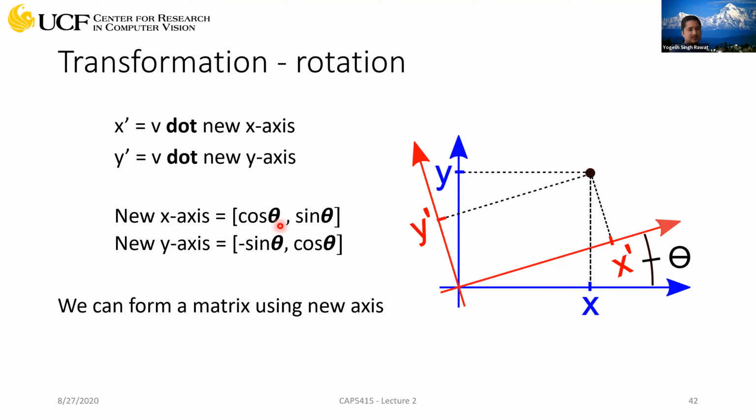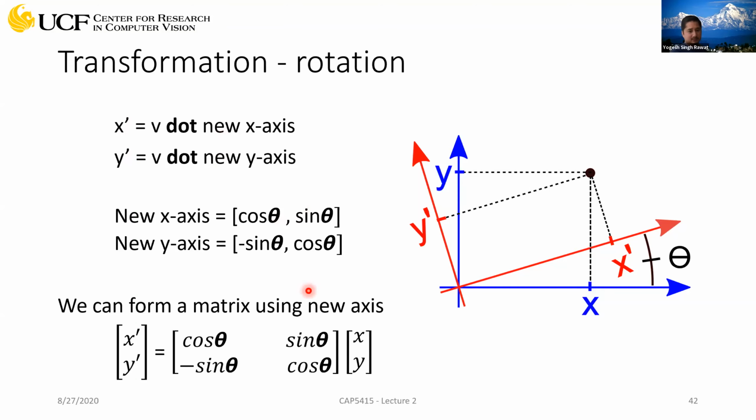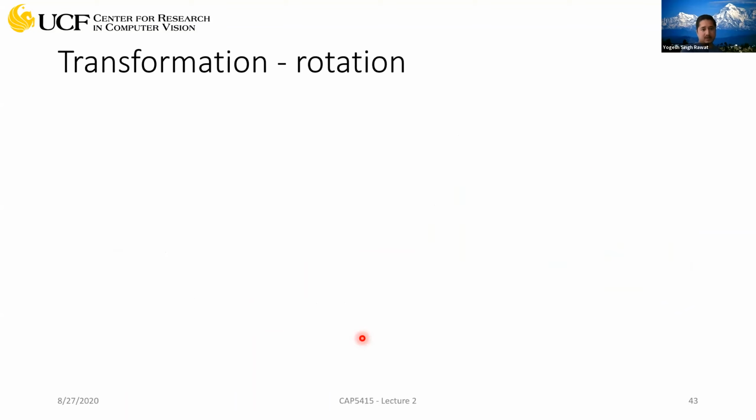So if you represent these two vectors as rows of a matrix, something like this, and do this matrix multiplication, this will be the dot product between the new x-axis and this vector, and again the dot product of the new y-axis with the original point will give you y prime. So now this is your rotation matrix, which is actually not rotating your vector, but it's rotating your axis. Now, how can we use this to rotate the vector?